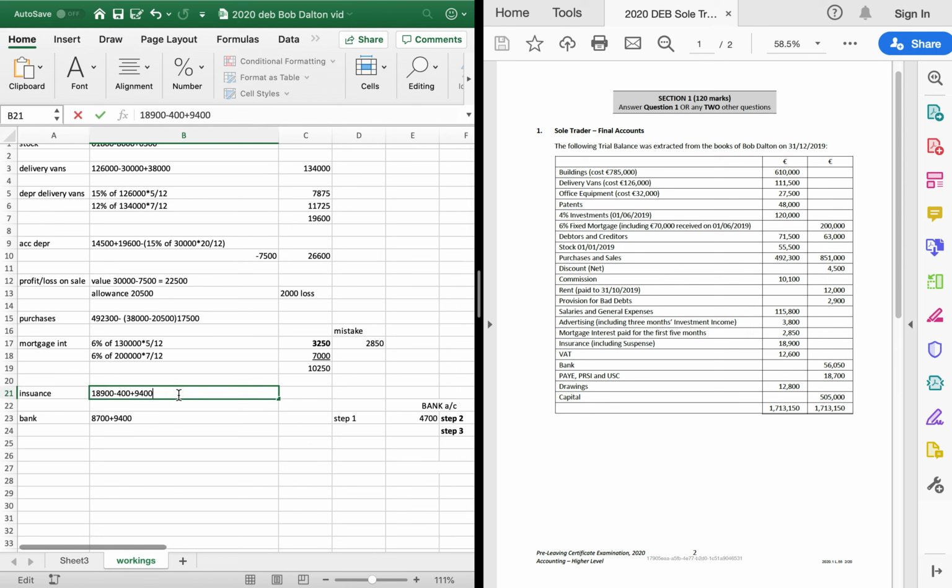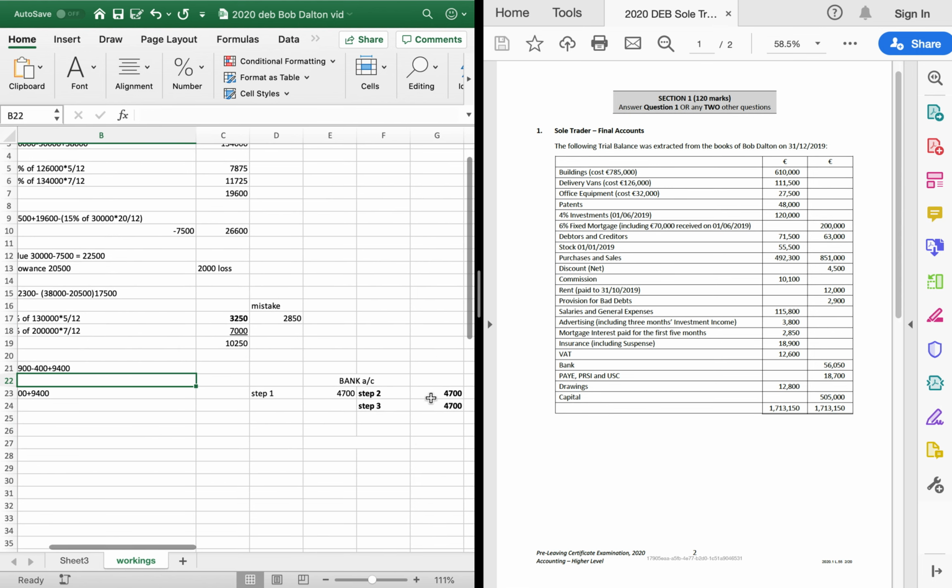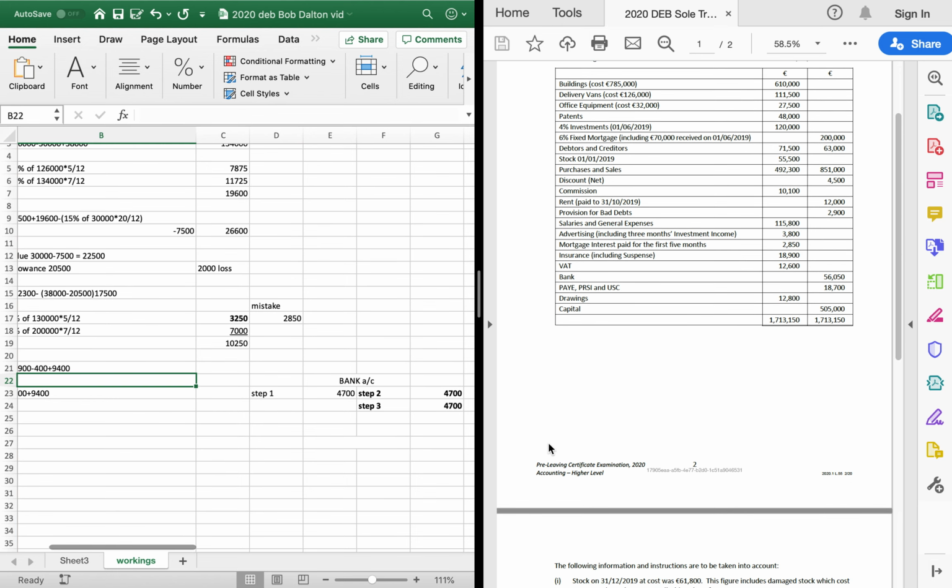So plus 9,400 there. And that fixes our suspense working. I'm not sure if that's been in any question before. I'll have to look back at some of the other questions, but if you know your suspense, undo it, do what they should have done, and remember, only ever deal with what we journalize. It should make sense.